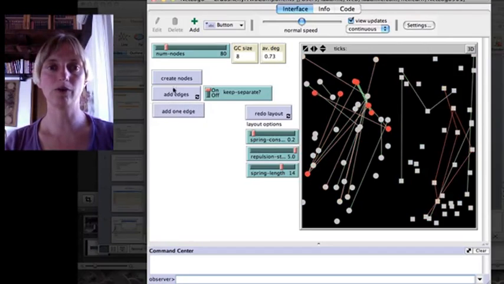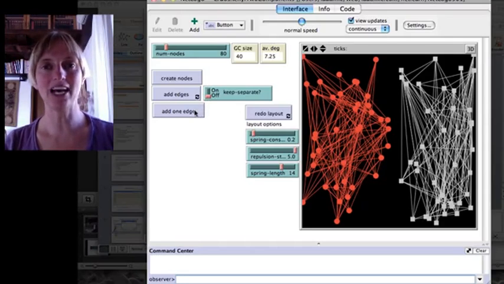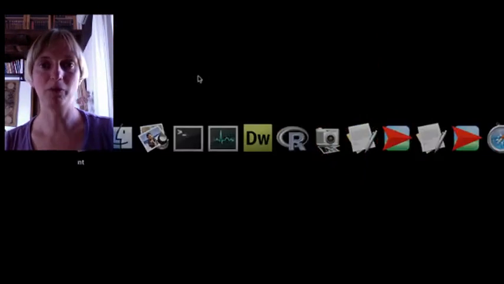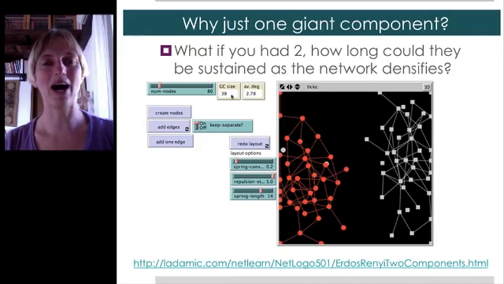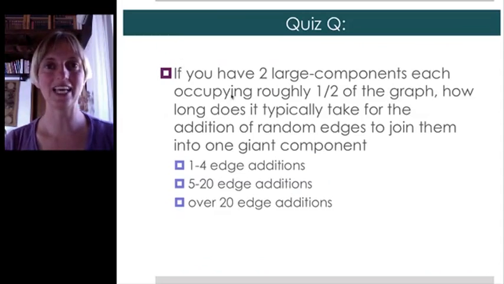And so you're going to do this for a while. You can kind of let it evolve, right? And what I'd like you to do then is to flip this switch and then add edges one at a time and see how many edges do you need to add before these components merge. And hopefully that will help with some of the intuition about why we have just one giant component.